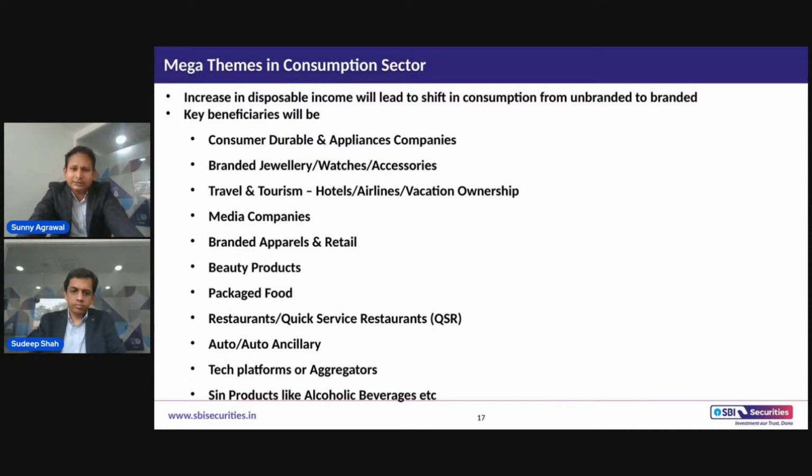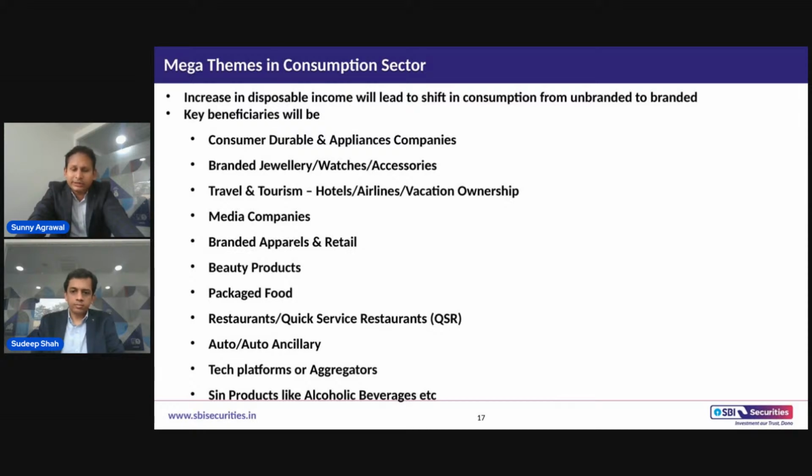Media companies, as many digital platforms are mushrooming, will be the ultimate beneficiary. Branded apparel: we all like to wear good clothes and feel good, and branded apparel is one of the sectors which we feel can churn out many multi-bagger return stories. Beauty products, packaged food, restaurants, QSR, auto ancillary.